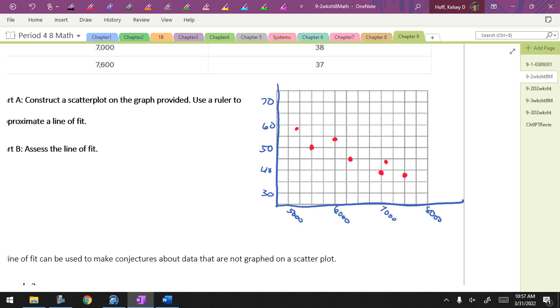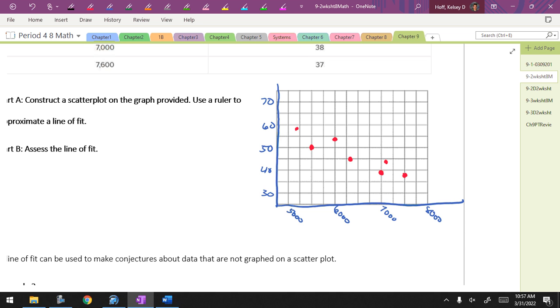Your points should look very similar to mine when you get yours done. All right, so now you have a ruler on your desk, and it's nice that it's clear so you can see through it. Don't draw a line yet, but you need to place it through the center of your data.